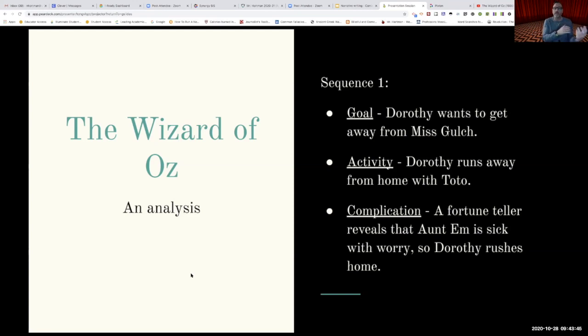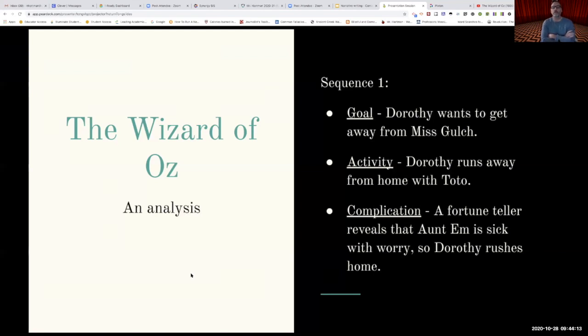Each sequence had its own goal, activity, complication, and that was how screenwriters in the early part of the 20th century, until things went digital, went about writing their movies. And screenwriters still, even though most movies aren't shot on film, write the same way.